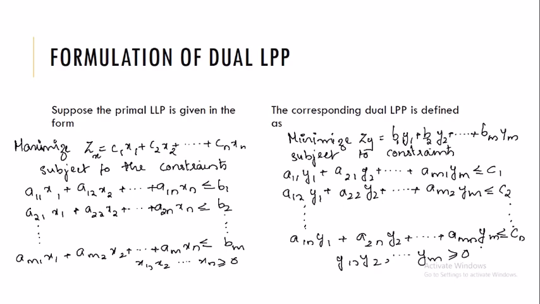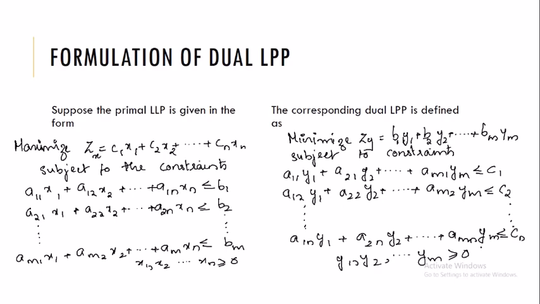As you can see, those who have closely observed can find some connection between the primal and dual of this particular LPP. Now, if you take a closer look at the objective function, you can see that the maximization problem has been converted into a minimization problem when it came to the dual.